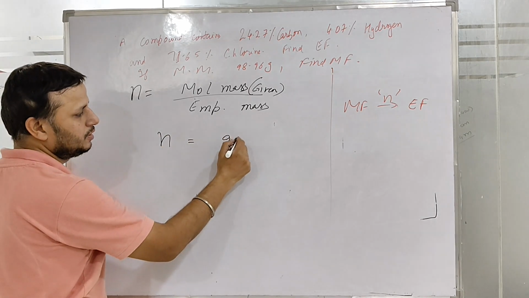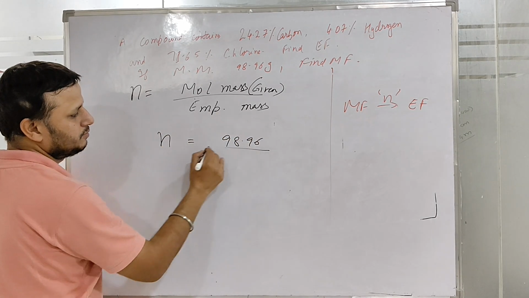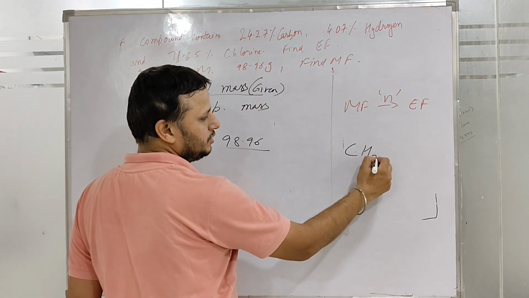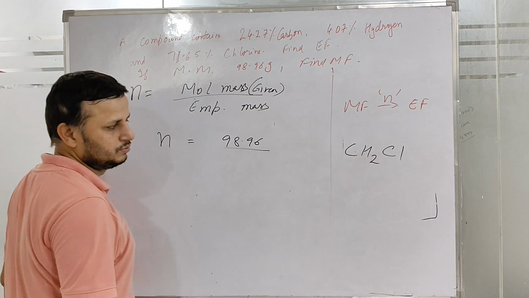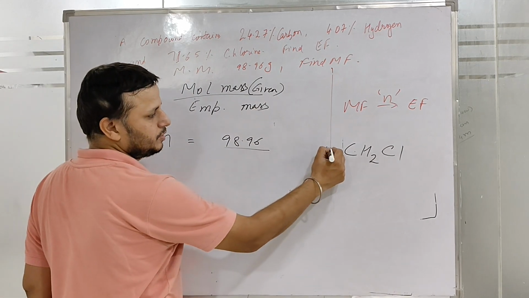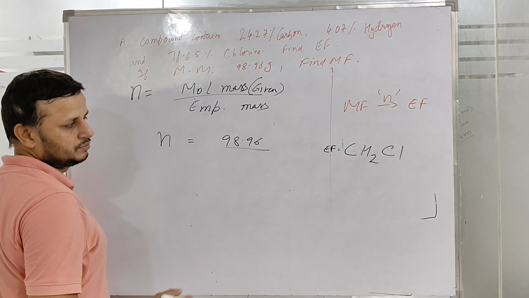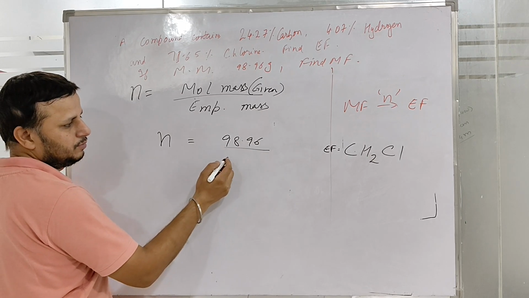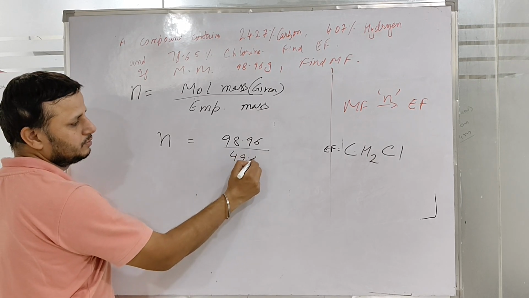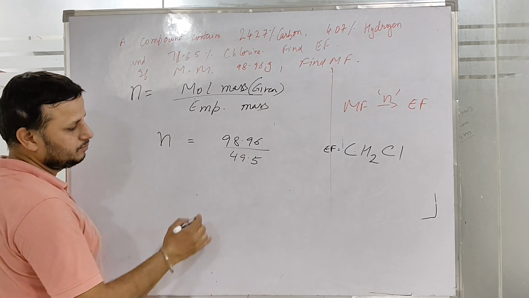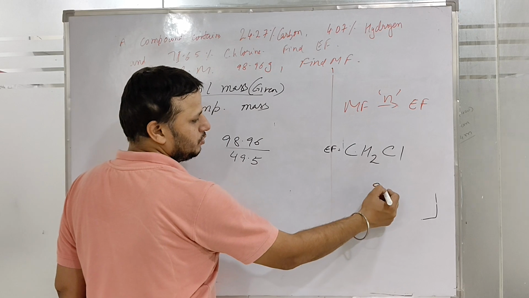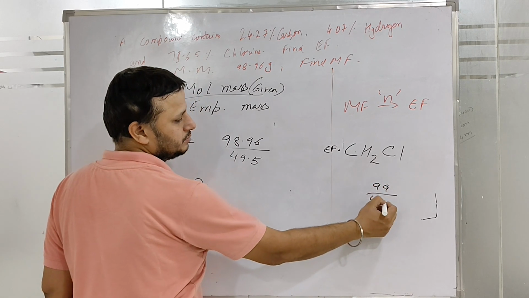So molecular mass is given 98.96 divided by molar mass, empirical mass of CH2Cl जो हमारा empirical formula आया था. तो कार्बन 12 plus 2 hydrogen 14 plus 35.5, it becomes 49.5. 98.96 is approx 99.